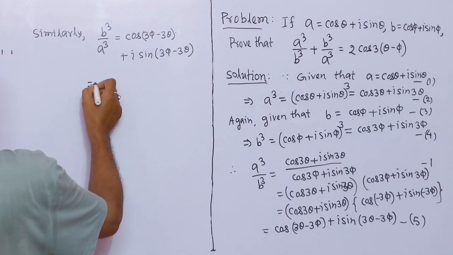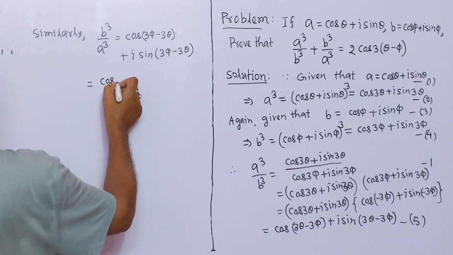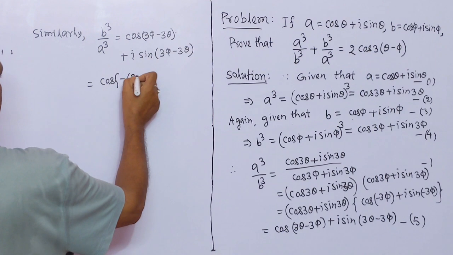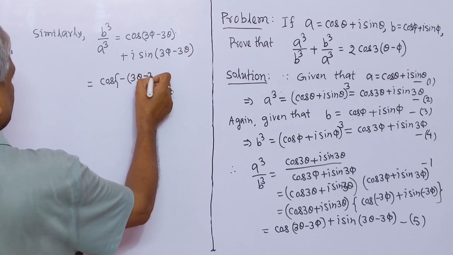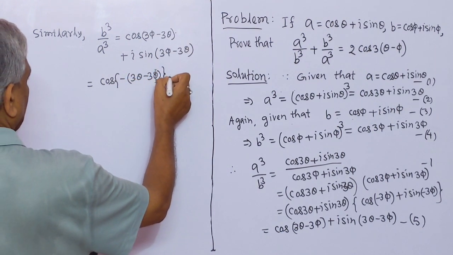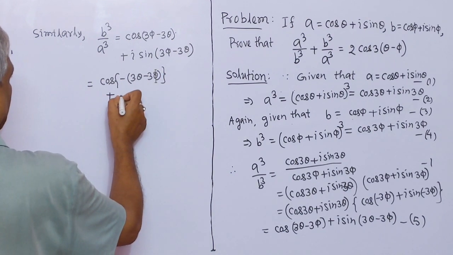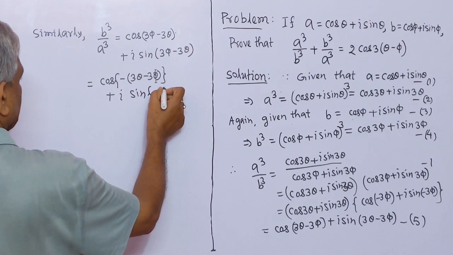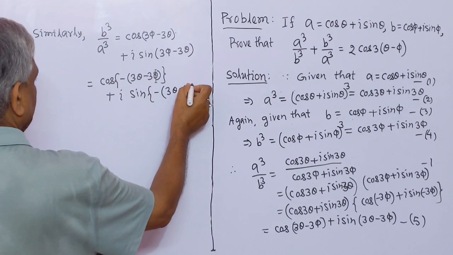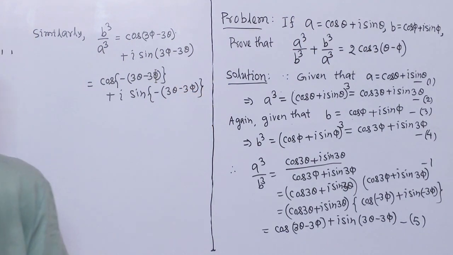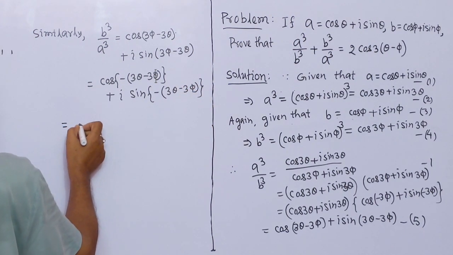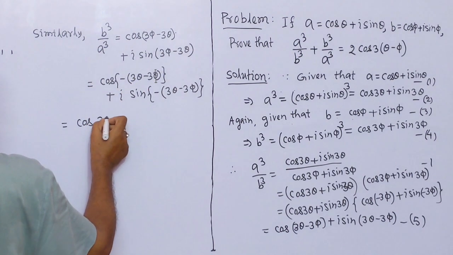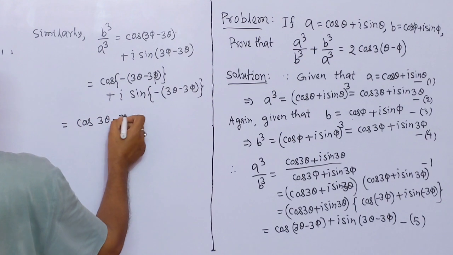We may write this as cos of minus (3 theta minus 3 phi) plus i sin of minus (3 theta minus 3 phi), and this equal to, since cos minus theta equal to cos theta, cos(3 theta minus 3 phi).